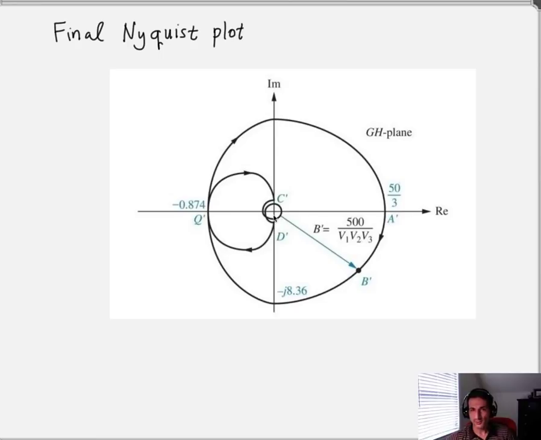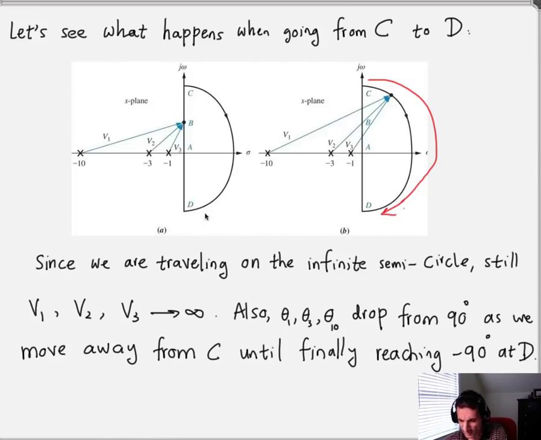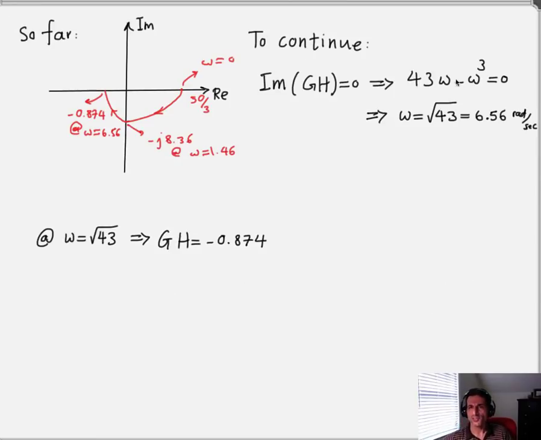And of course, you know the rest of it. Now to go from negative infinity to this frequency, which is negative 6.56, exactly why do I have negative 6.56? The reason is here. The solution to omega squared equal to 43 is omega equal to 6.56 and also omega equal to negative 6.56, so I can choose both of them.